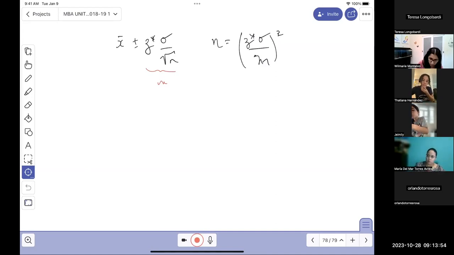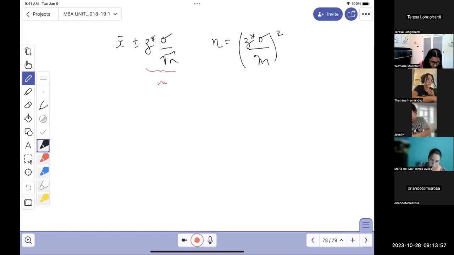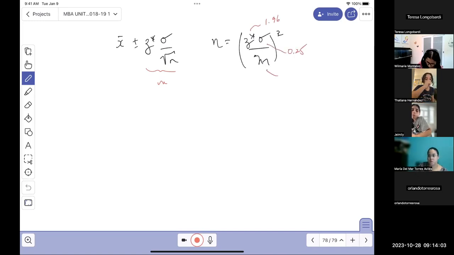So for this problem, this is 1.96, this is 0.25, and then this is 0.02, and it should work. Okay, so those are the options.